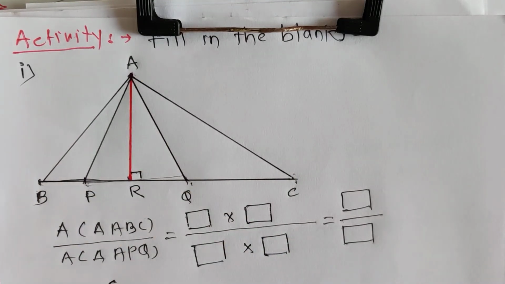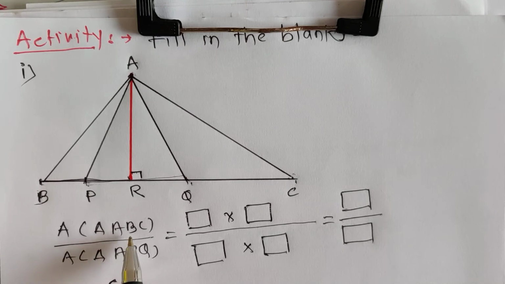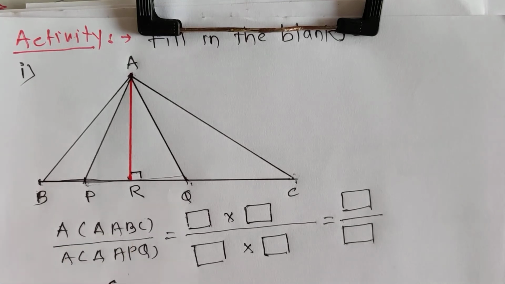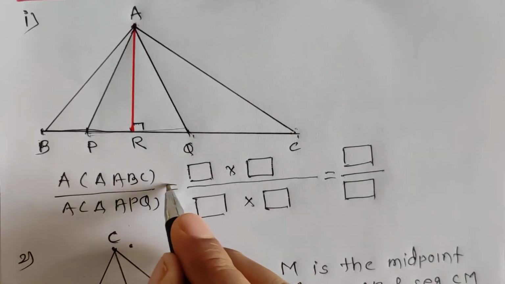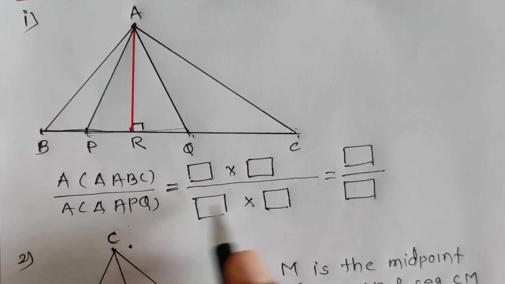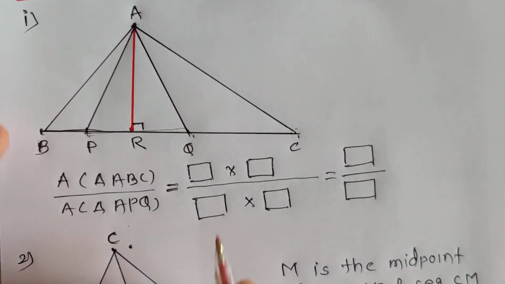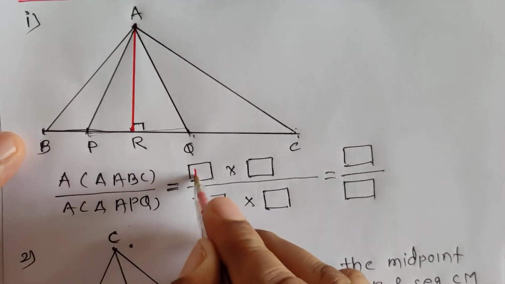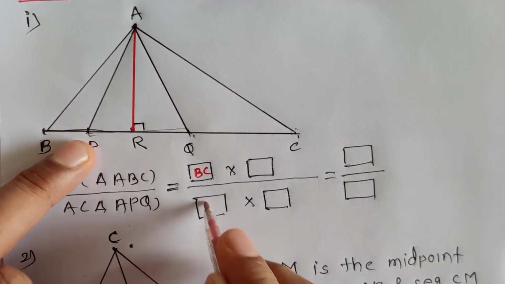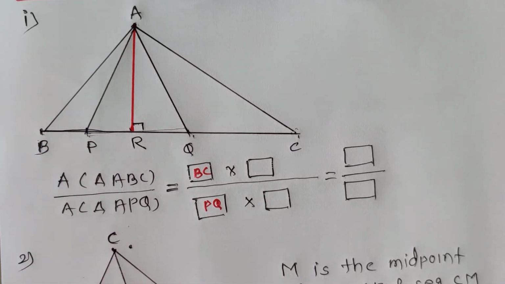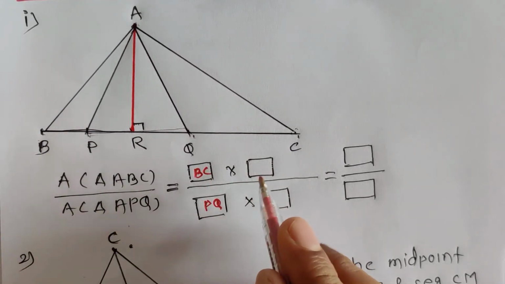So you know, in any two triangles ABC and APQ, according to our first property, what is our first property? The ratio of areas of any two triangles is always equal to the ratio of the product of their bases and corresponding heights.